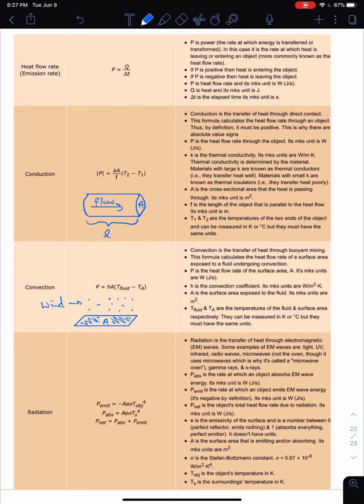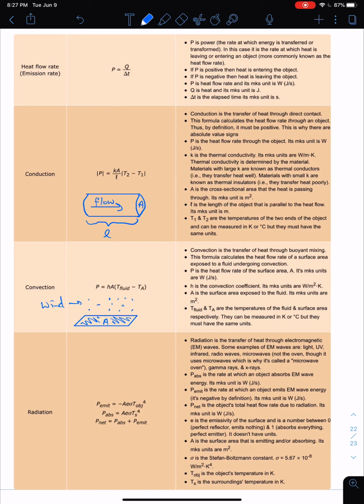Or even for people out in cold conditions, with the wind blowing by. In the weather, they'll say what the temperature of the air is, but then they'll say, what does it feel like? That depends a lot on various things, including the wind. So they take this into account in those situations.